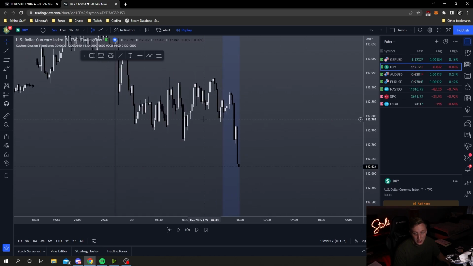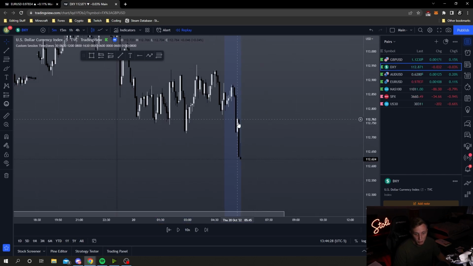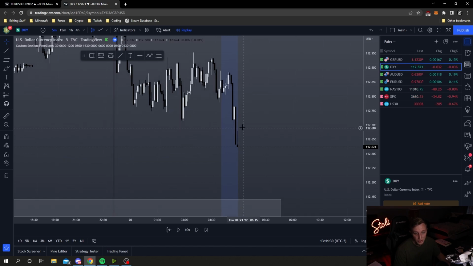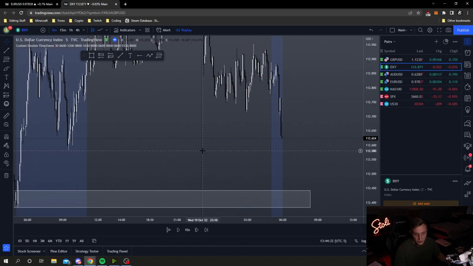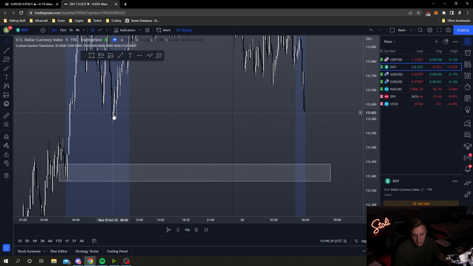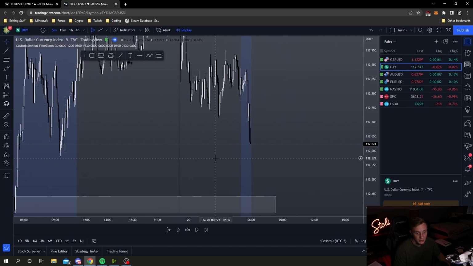Now, you can tell that DXY just did the opposite of EURUSD. Here was the bottom, roughly, of its range, and it had just broken through. Now, you'd be thinking, well, here would be the supply zone for it to continue further. But I figured that it was either going to stop here at this bottom, or if it didn't, it would continue all the way down to this demand zone.